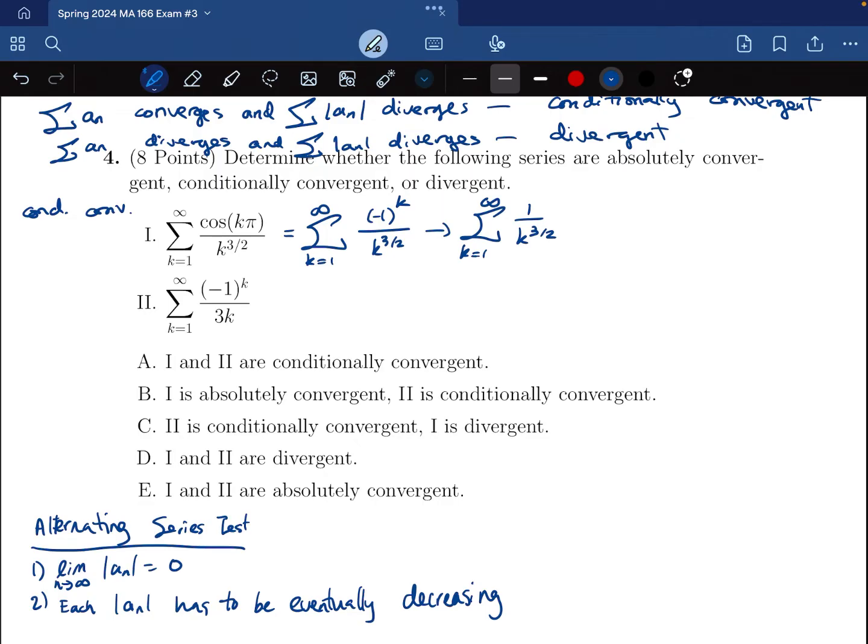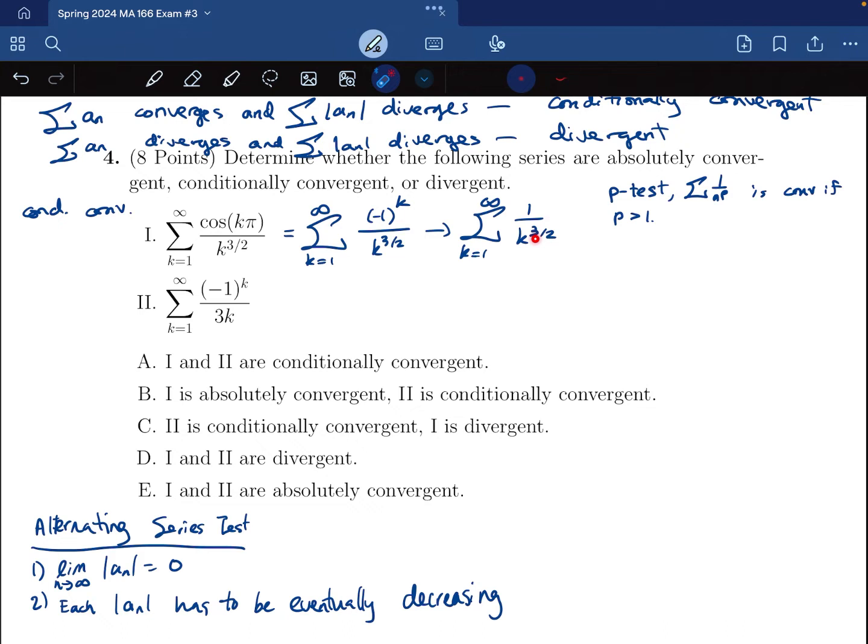So this is convergent by the p-test, which states that a series in the form 1 over n to the power of p is convergent if p is greater than 1. And you'll notice here that the exponent in the denominator is 3/2, which is greater than 1.